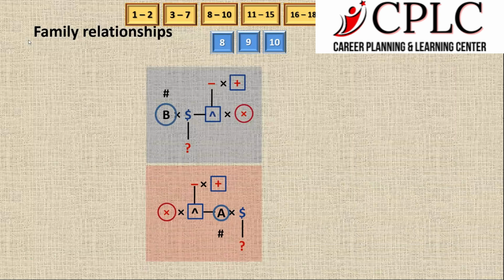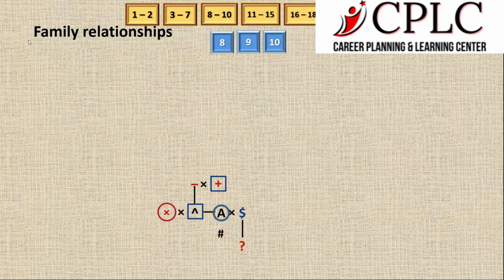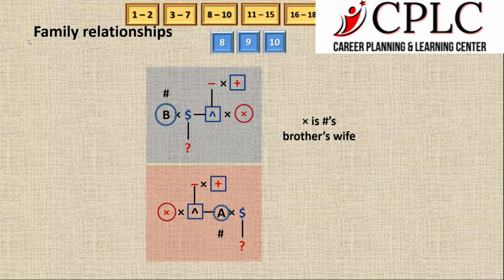Further, it is known that hashtag is a person, and it is said that hashtag's brother's wife is X. Hence, hashtag will come as dollar's spouse.